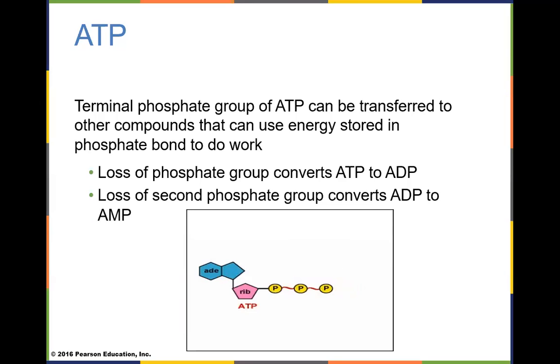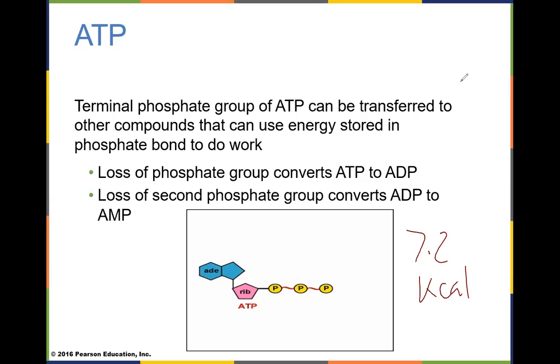It takes energy to force that phosphate onto the number 3 spot. How much energy? About 7 kilocalories, actually about 7.2 kilocalories. So it takes 7.2 kilocalories to force that bond back together, and we can park it there.